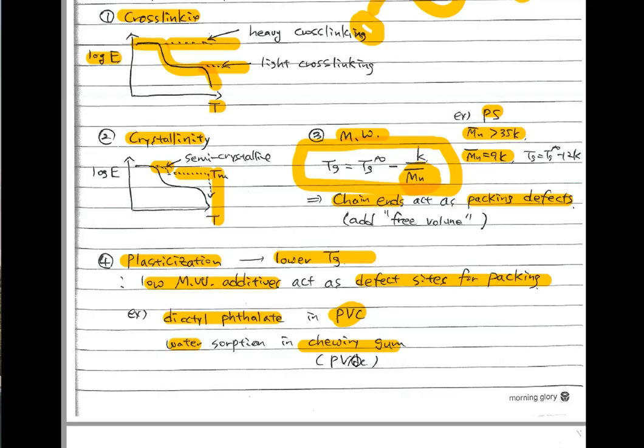Chewing gum is a kind of polymer, polyvinyl acetate, and this water absorption lowers the glass transition temperature. That's why as you chew gum, it becomes a flexible, soft material.